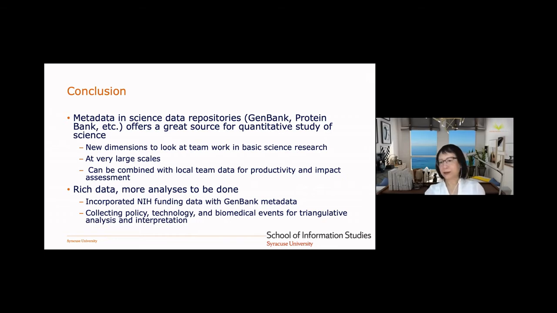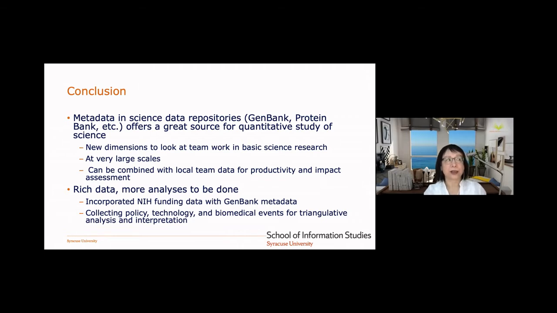So, conclusion. Science data metadata in science data repositories such as GenBank, Protein Bank, and so on, offers a great source for quantitative science study.